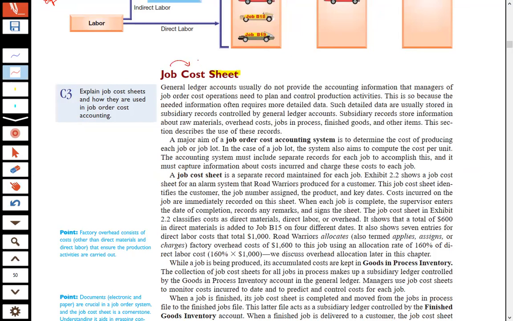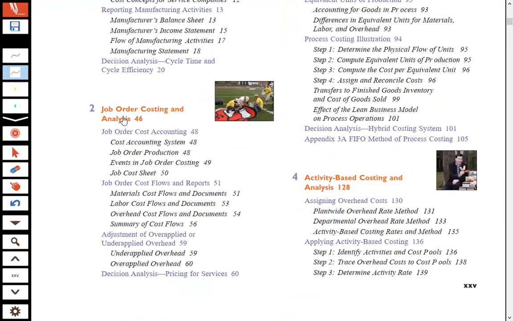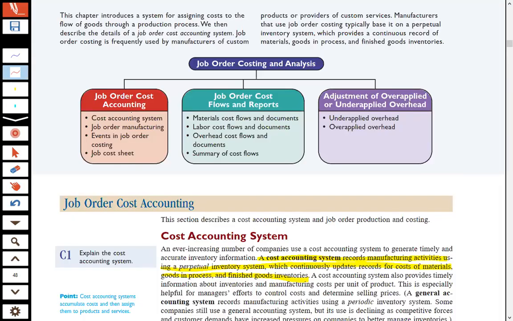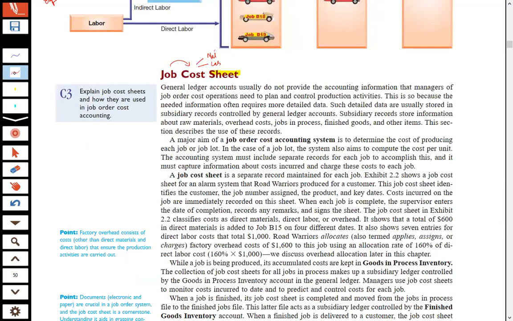And what are the job-related costs? They are material, they are labor, and they are further classified as overheads. So a job cost sheet is basically a record we use for recording all the costs related to material, labor, and overheads in one sheet.